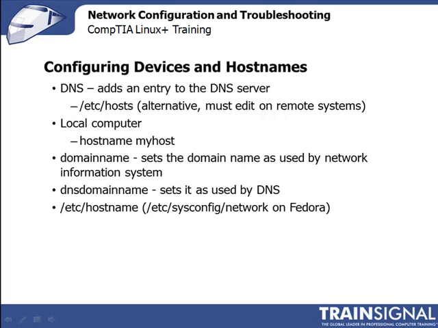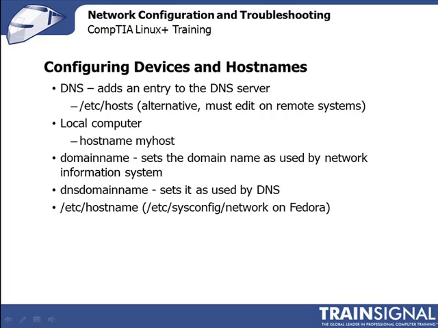The second way to configure a host name is locally. Now technically this name could be different from the DNS host name, but it's probably not the best idea in the world, as this could easily lead to a lot of confusion. To set the host name on your local computer, you use the command hostname followed by the name of the host. Now those are the two options for hostname.